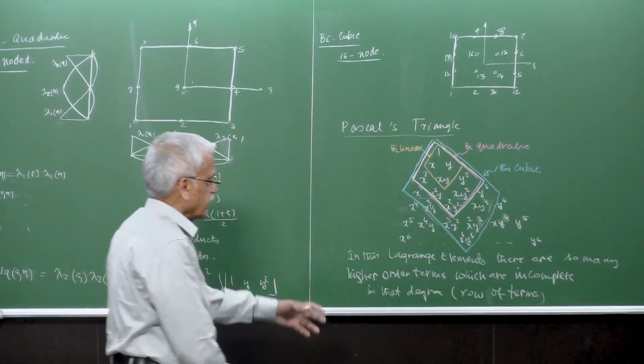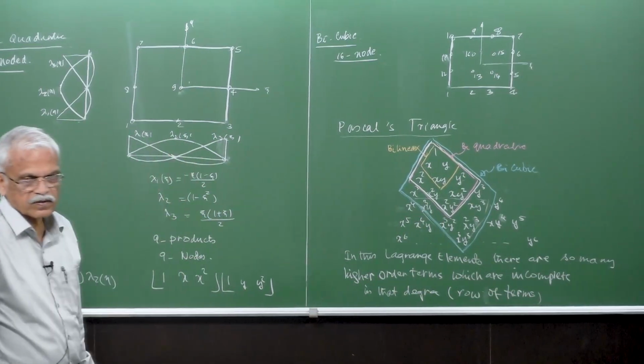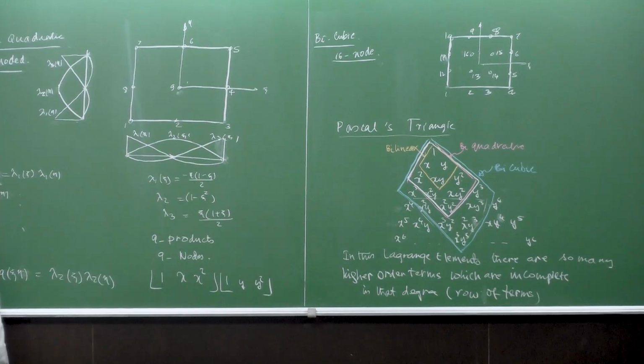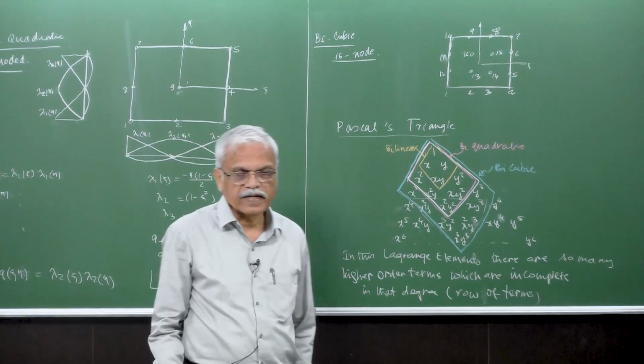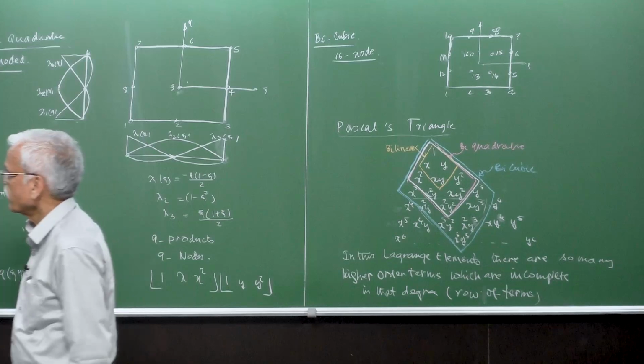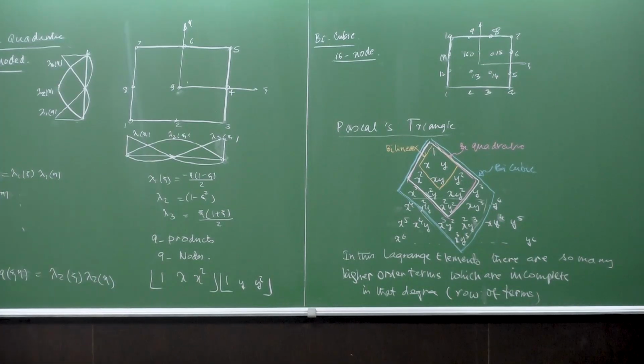So as I said, unless that row is complete, it's not going to help in the higher convergence of the element. So for that we have the serendipity element.